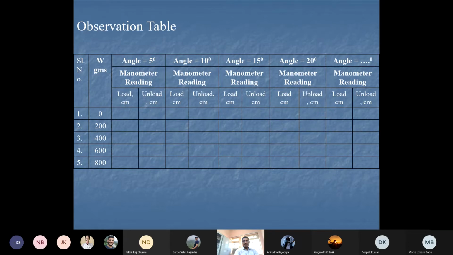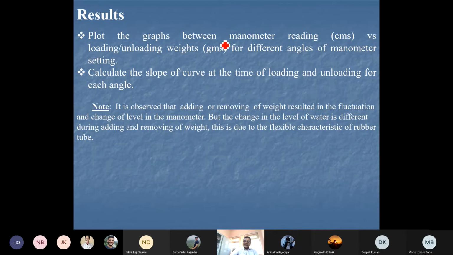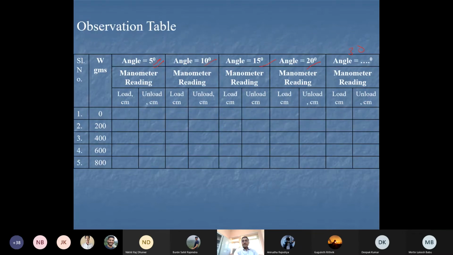Then we need to take observations for different angles, 5, 10, 15, 20 and 30, suppose. I have given observations for 10, 20 and 30. You need to note down the observations from the video for 15 degree and 25 degree, which are shown or discussed there.